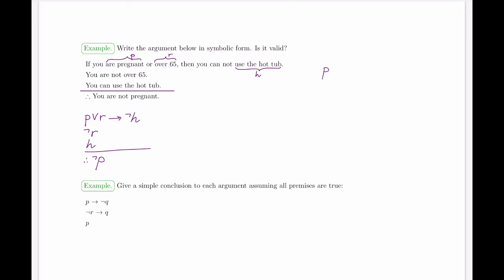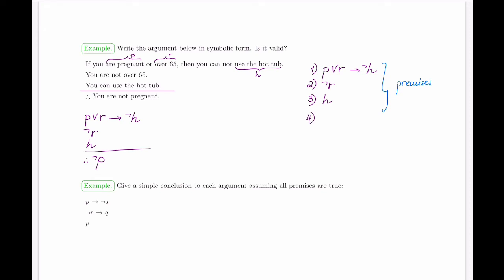In writing out the actual steps, I'm going to rewrite my entire argument and then label these things as 1, 2, and 3. For each of these steps, I'm going to justify why I can include them. So these are all premises.